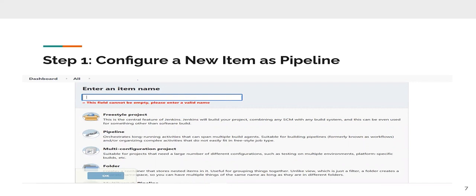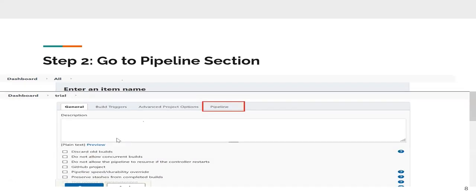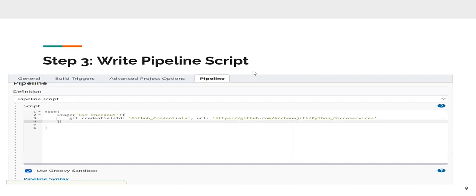These are the basic steps that you need to configure a pipeline at Jenkins. You start by creating a pipeline. Then once you've given it a name, you go to the pipeline tab of the page. This is where you can write your pipeline script at the Jenkins UI. As you can see, it starts with the node block.